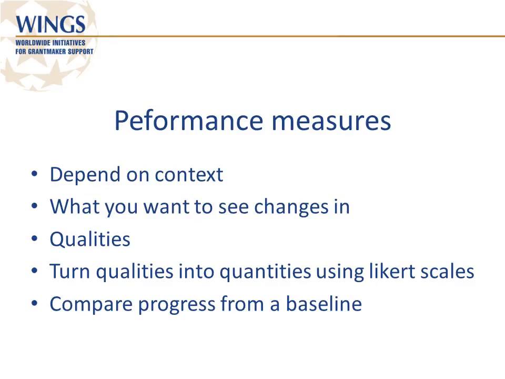Do you enjoy pasta very much, a lot, quite a bit, a little, not very much? Those kinds of qualities of assessing pasta can be turned into numerical scores, and you can begin to compare progress from a particular baseline.